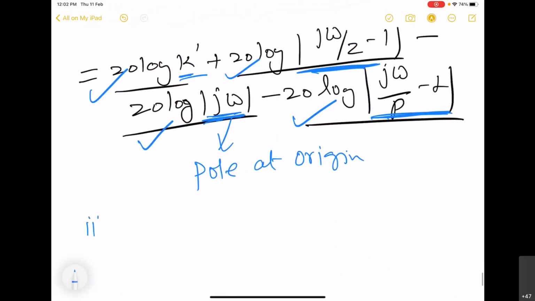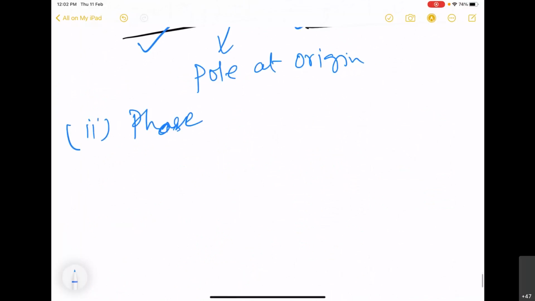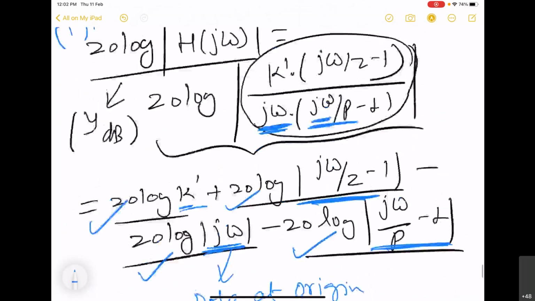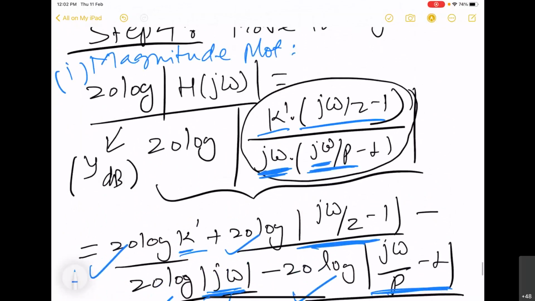The second part is the phase. And for phase also, you can see that it will be easier. When you try to find out the phase of this, we know that the phase will be the phase of each of these terms added. Numerator terms will get added, and denominator terms will get subtracted.